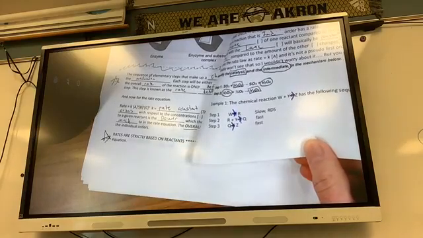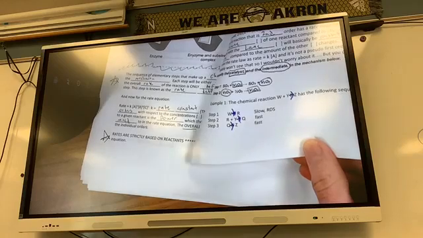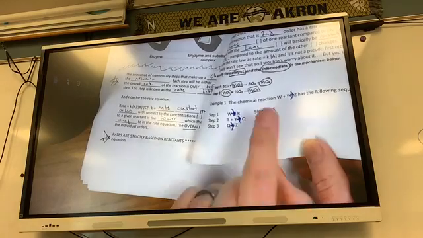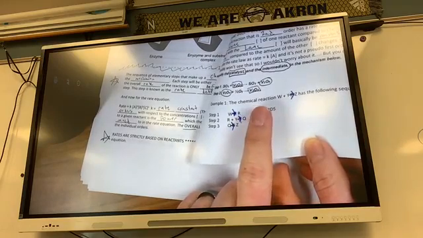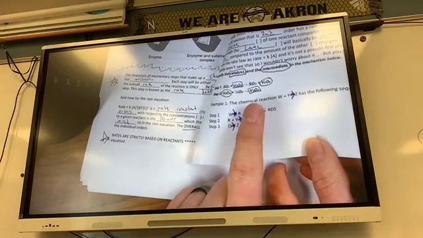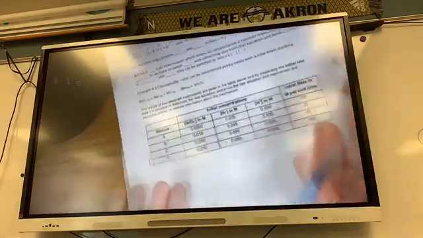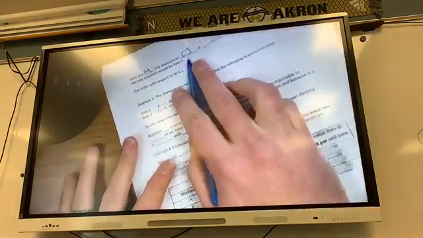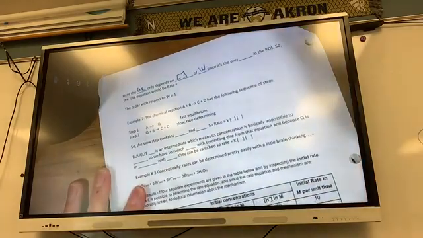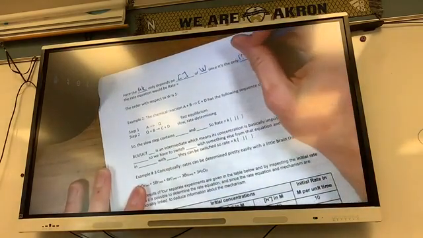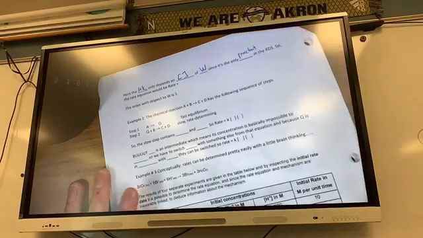First of all, rates are only dependent on reactants. And second of all, it's only dependent on the rate determining step. You guys okay with that? Do you remember talking about this yesterday? Okay, good. So the rate only depends on the concentration of W, since it's the only reactant in the rate determining step.